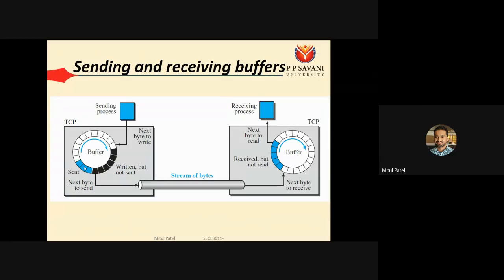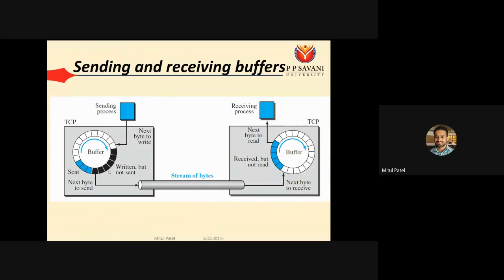Our transmission is successful only when we have sent some packet and got the acknowledgement, which is why this is indicated by blue. And the black indicates the bytes that are stored in the buffer but not sent yet. That is, the sending process has stored the byte but has not yet sent it, so this is indicated by black color.